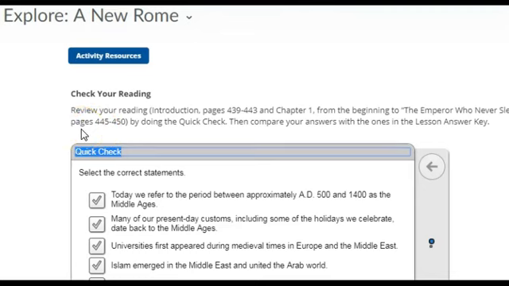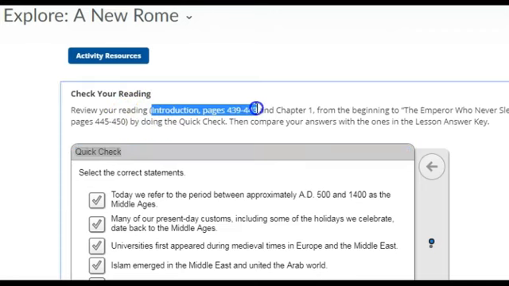So you're reviewing pages 440, review your reading, the introduction from 439 to 443, and then read chapter 1 from the beginning, so pages 445 to 450. So review your last reading and then read 445 to 450.